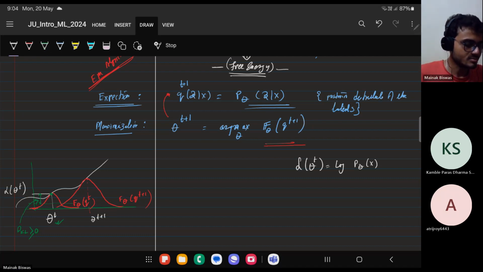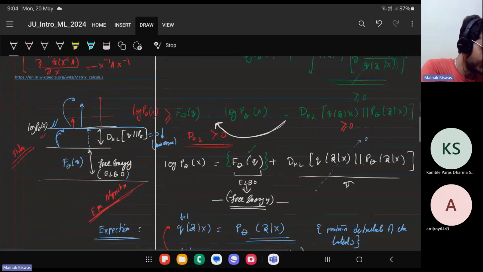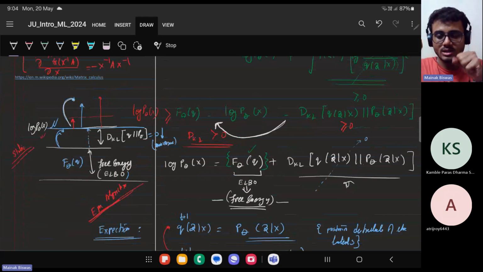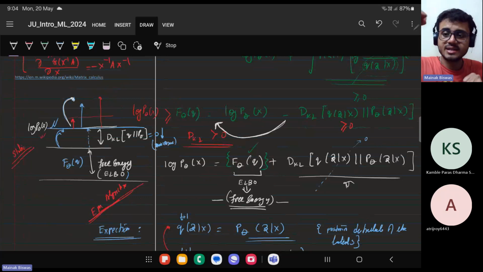Understood? As soon as you do the expectation, you are bound to go to a larger energy state, just like we saw over here, right? This handshaking has to continue. Once you improved f theta, you have extended it to the limit. Now you improve f theta itself, right? By changing your q.